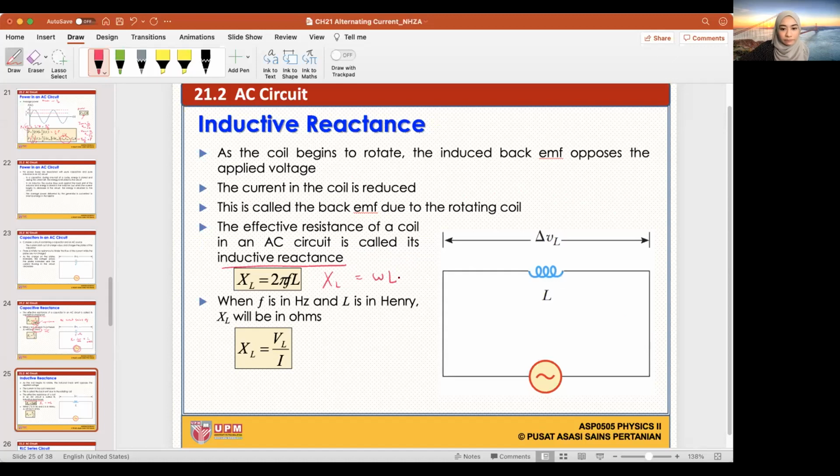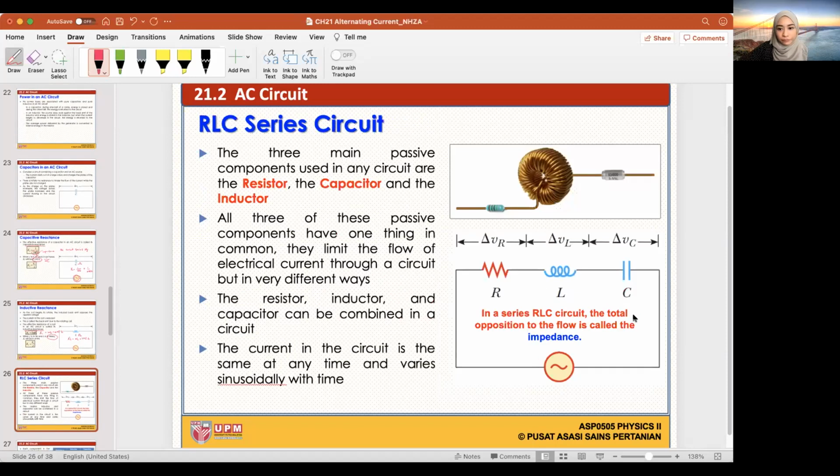Untuk inductor, is just equal to omega L, or 2 pi f L. It's called inductive reactance, where F is in Hertz and L is in Henry, which is the unit of L. XL will be in ohms again. So XL, omega L, 2 pi f L. So two equations now for AC.